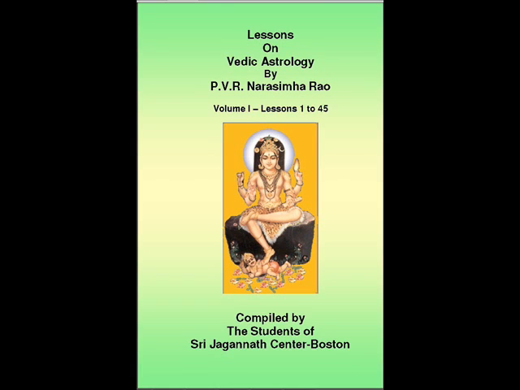Pushya, Magha, Phalguna. Yeah, Magha Masa. Chinese New Year is Magha Shukla Pratipada. So if you want to use Chinese New Year, you should use the Magha Shukla Pratipada chart.